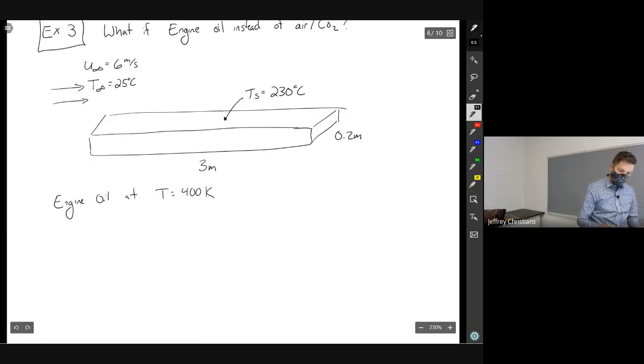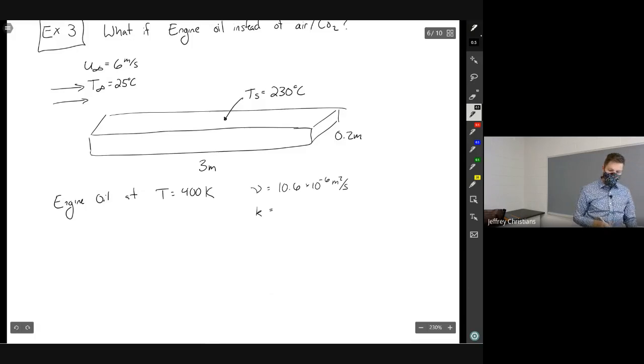So if we look it up, we can find that the kinematic viscosity is 10.6 times 10 to the negative 6 meters squared per second.